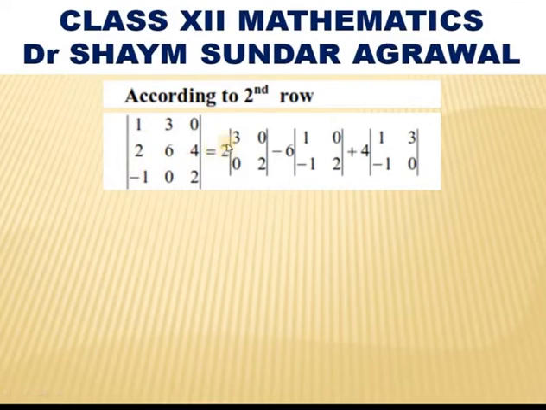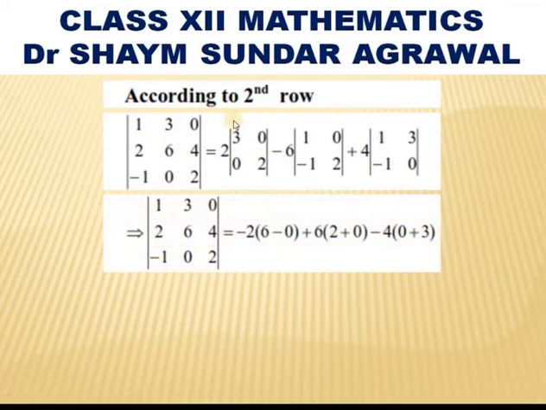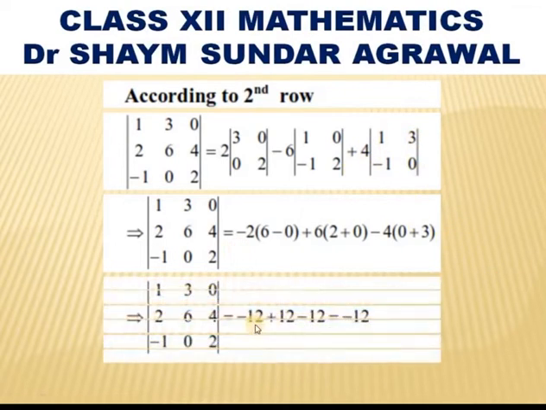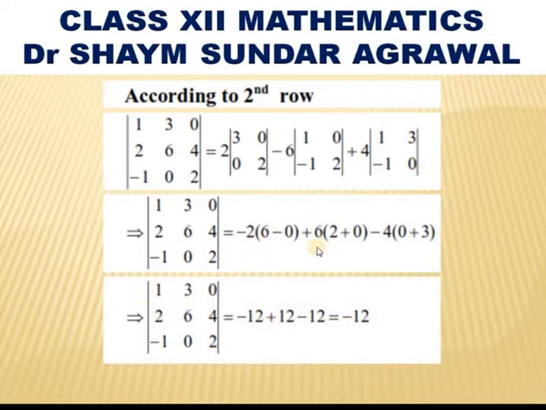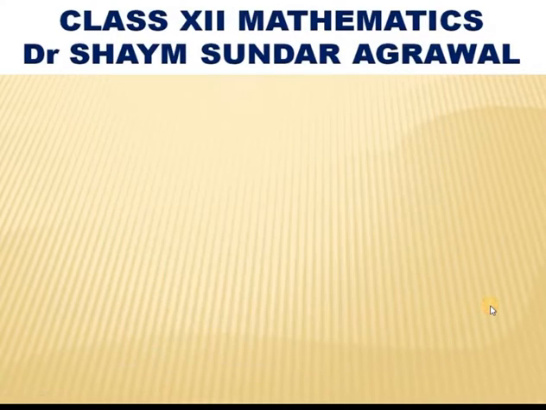According to A21, here you have to give minus sign, then plus sign, then minus sign. So, it is minus 2 into determinant of 3002 plus 6 into determinant of 10 minus 12 minus 4 into 13 minus 10, which is minus 2 into 6 is minus 12 plus 6 into 2 is 12 minus 4 into 3 is minus 12. By cancelling, it will give you minus 12 again.